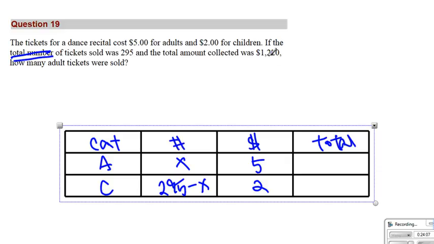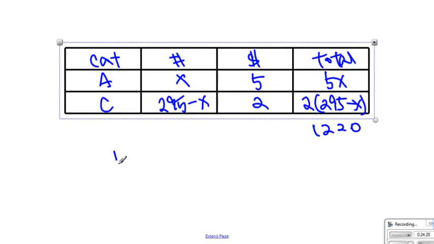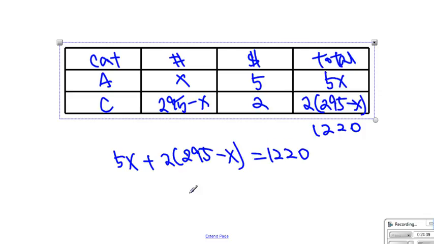Now, total value collected was 1220, which we would have calculated by x times 5, which becomes 5x. 2 has to be multiplied to both of them, so 2 times 295 minus x. Let's set up the equation. We have 5x plus 2 times 295 minus x is equal to 1220.